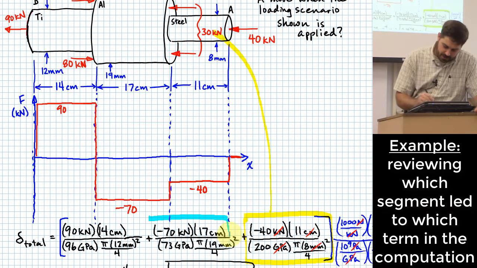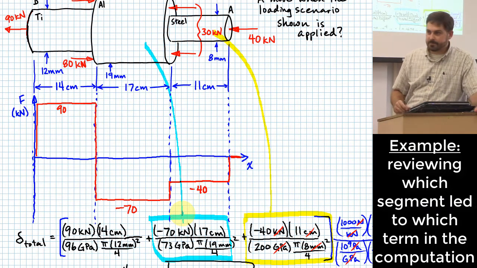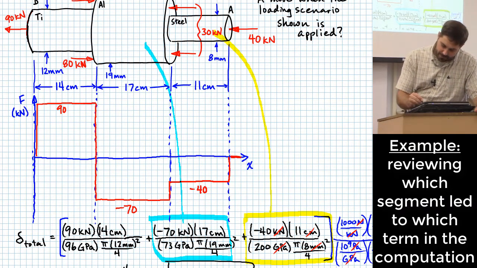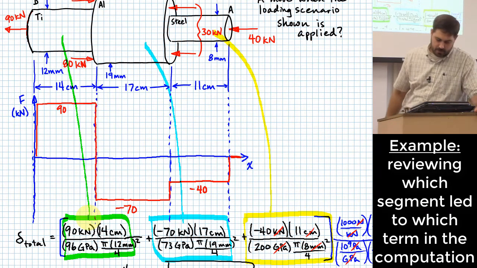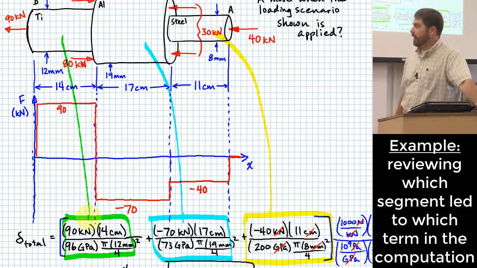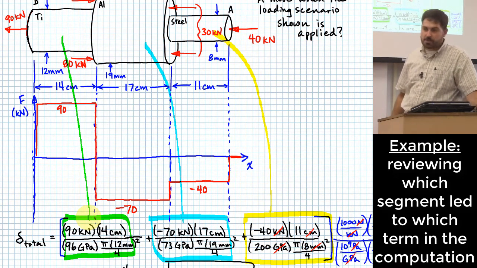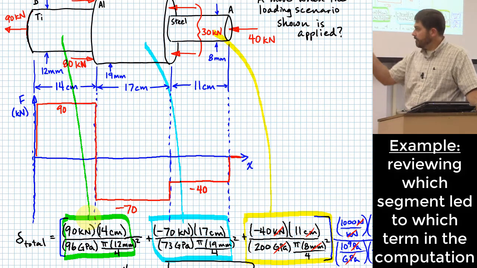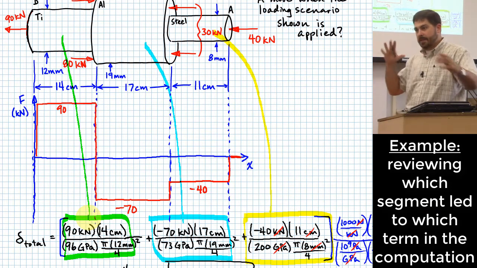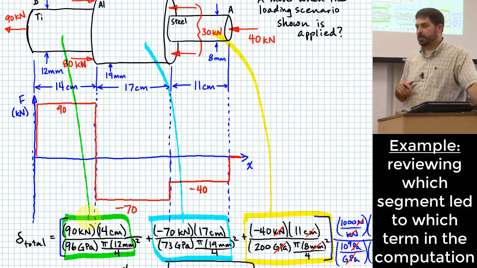This term right here arises from this segment. And the last term arises from that segment. And so the only one of those that was positive, i.e. elongating, would be the first term on the left there. But it had enough of a magnitude to it that it sort of overrode the other two, and it ended up actually moving point A to the right.